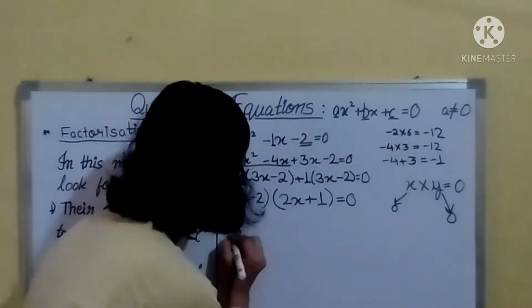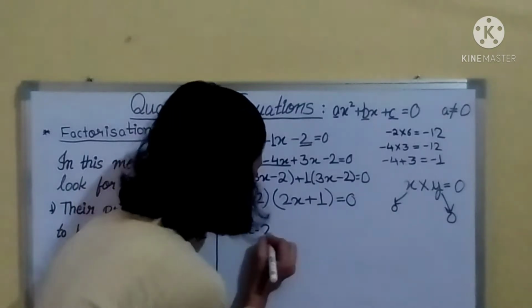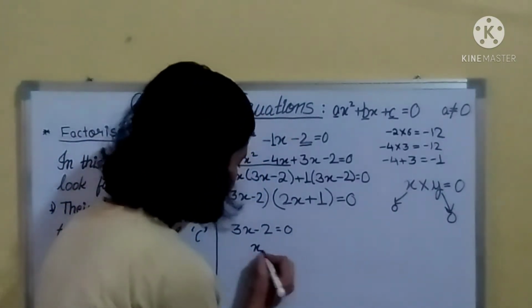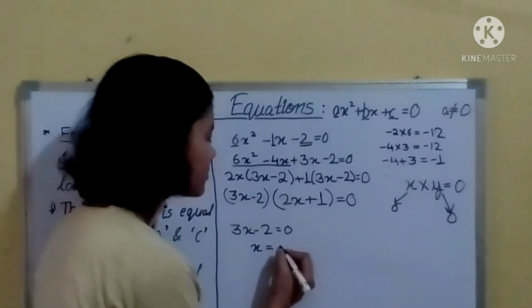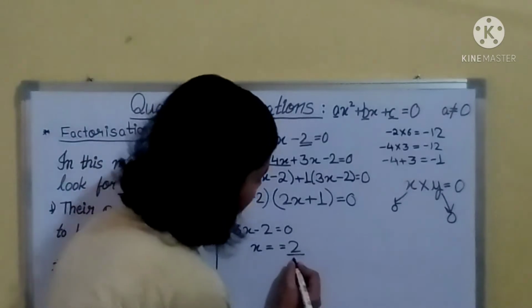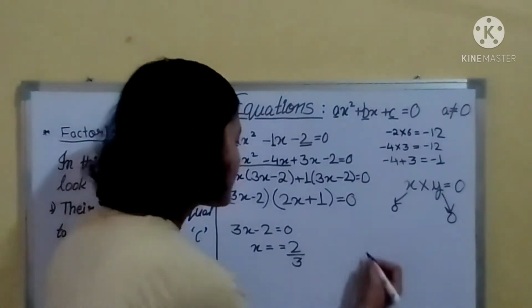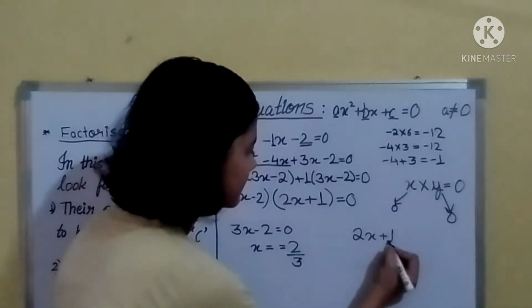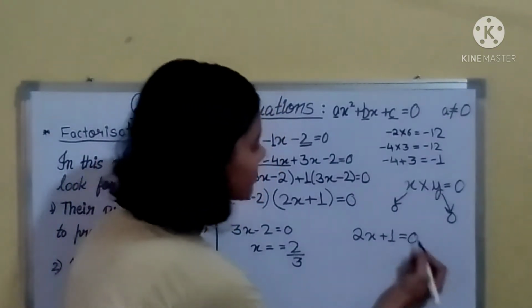So let's see, 3x minus 2 is equal to 0. Okay, so x is equal to, here minus 2, so it will become 2, and 3 is in multiplication, so it will come in division. Okay, then the next, 2x plus 1 is equal to 0.